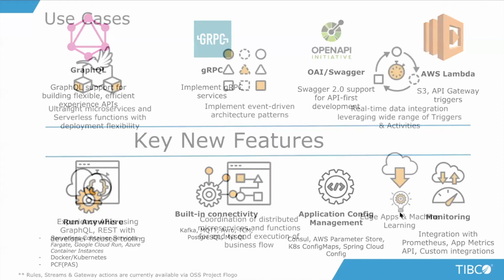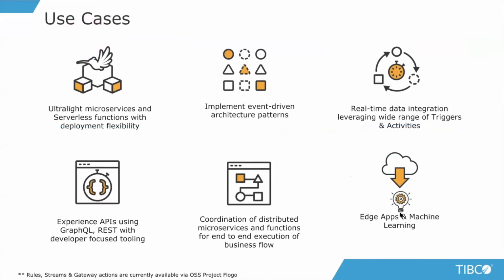With that overview of key new features, let's quickly take a look at some of the use cases where you can think of using Flogo. So Flogo can be used to build ultralight microservices and serverless functions, which consume low computing resources if you compare with Java or Node.js-based application development frameworks.